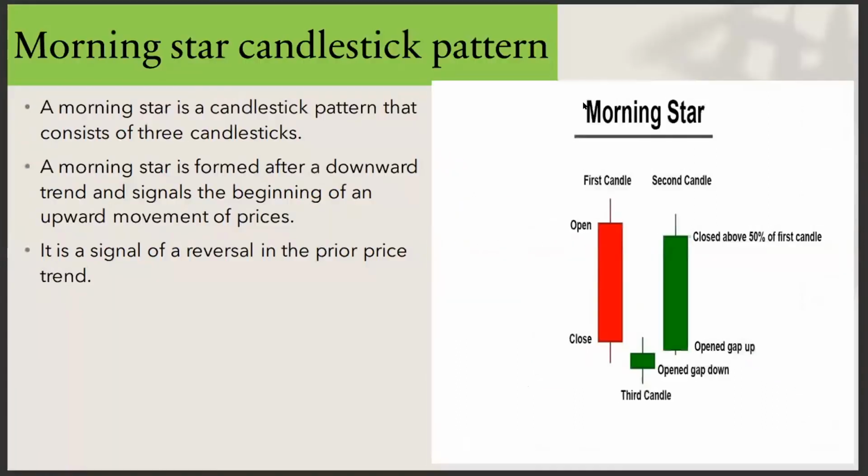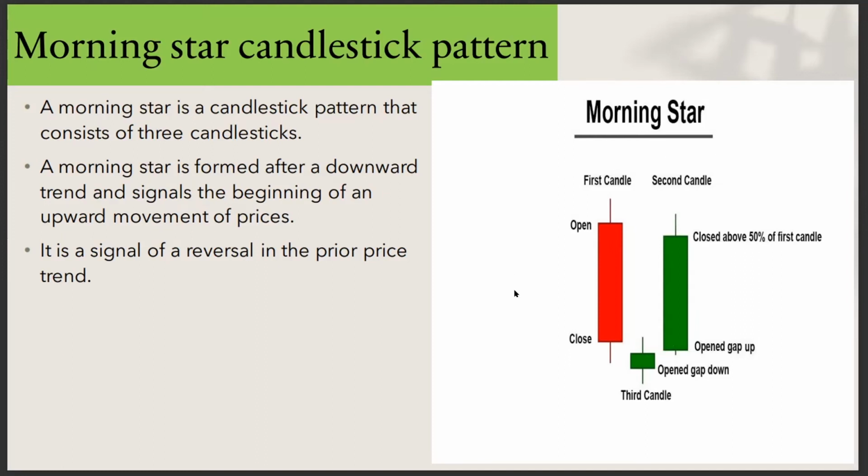So the next pattern I'll be going to consists of 3 candlesticks. This is called the Morningstar candle, and this indicates a bullish reversal. Whenever you see this pattern, the first red candle means the sellers are in control. Second, there could be a doji, which usually means indecision in the market. And then the bulls took control and took the price higher.